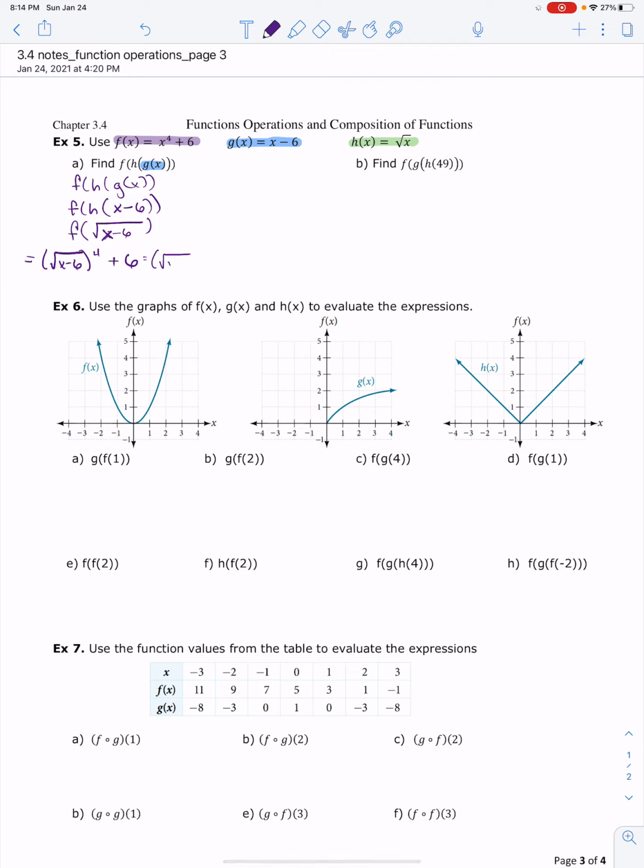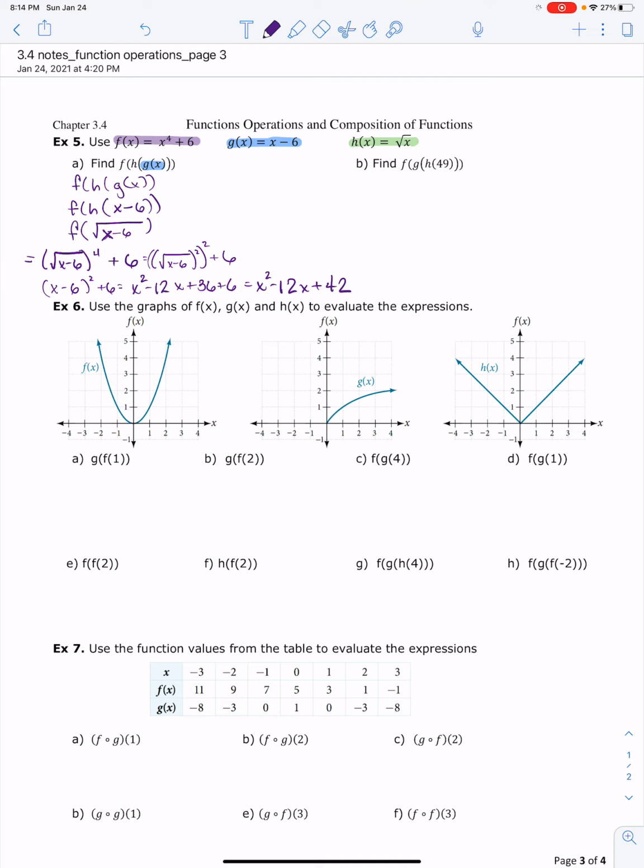Because that's the square root of x minus 6 squared plus 6, which gives us x minus 6 quantity squared plus 6. X squared minus 12x plus 36 plus 6, and we get x squared minus 12x plus 42.